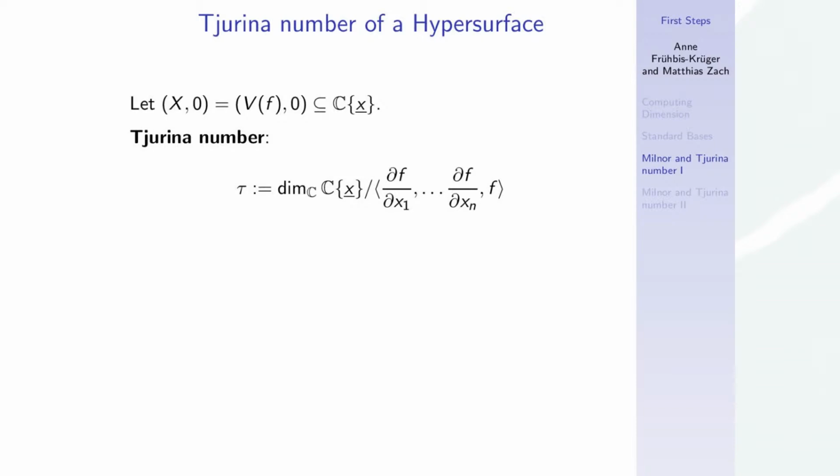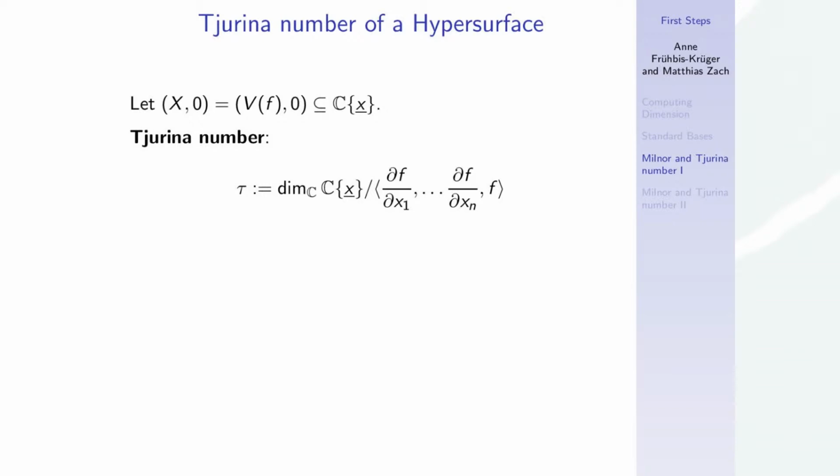So let's look at the Tjurina number. This is also well known to you. It gives you the number of parameters you need in a versal family for your hypersurface.